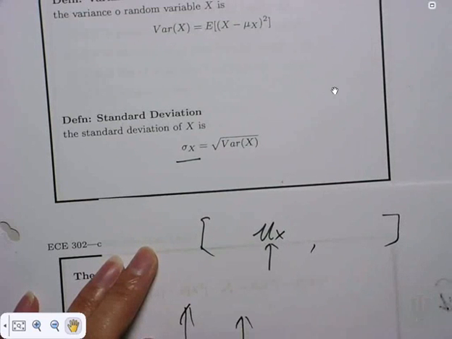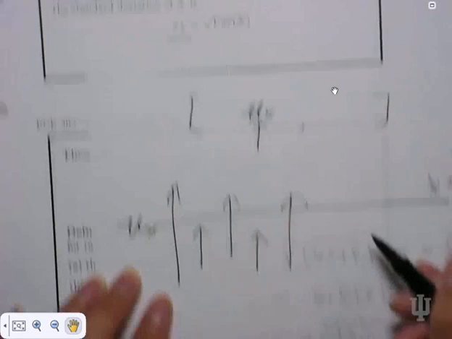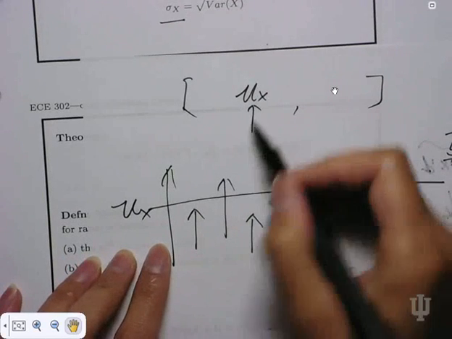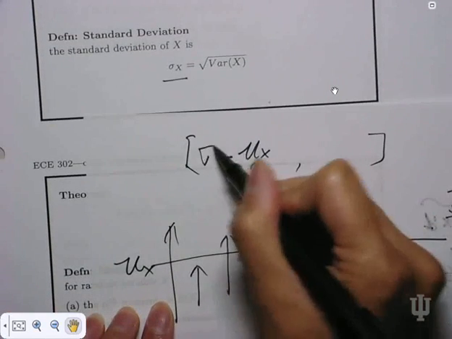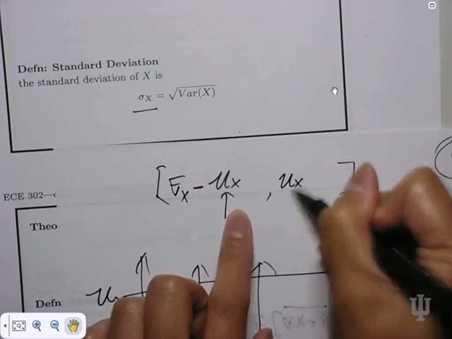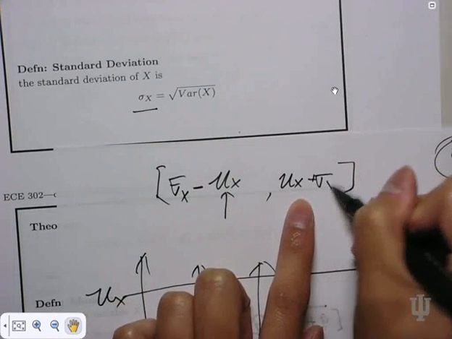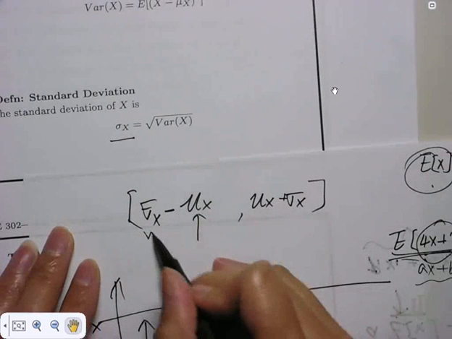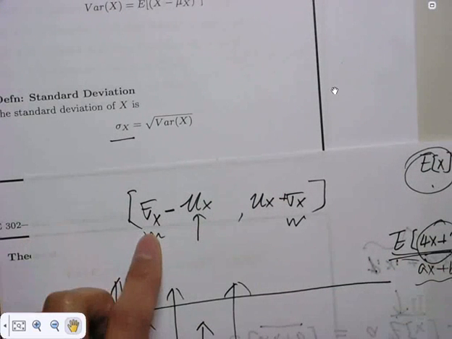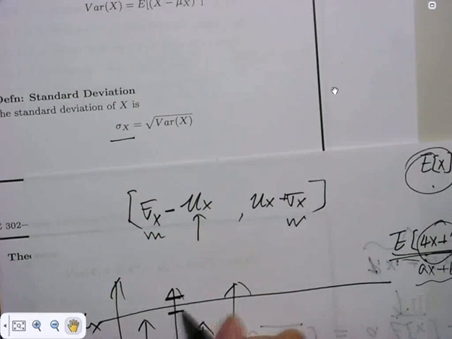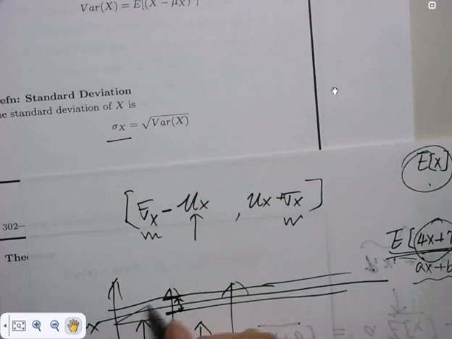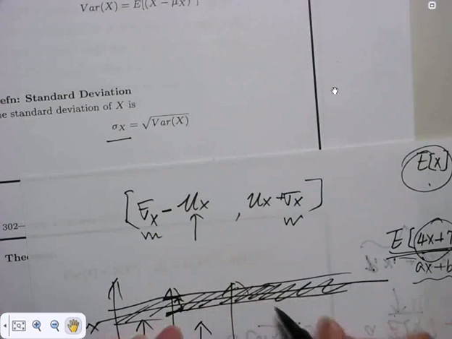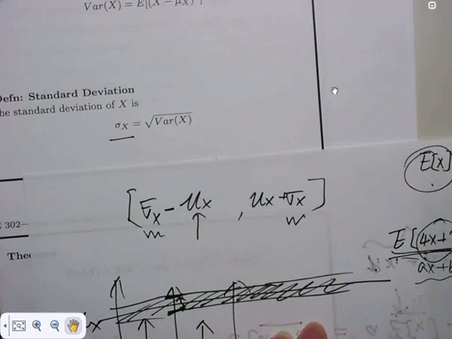Think about this. So the center line of your sample values is the expected value. Within one standard deviation, values located here are considered typical values.